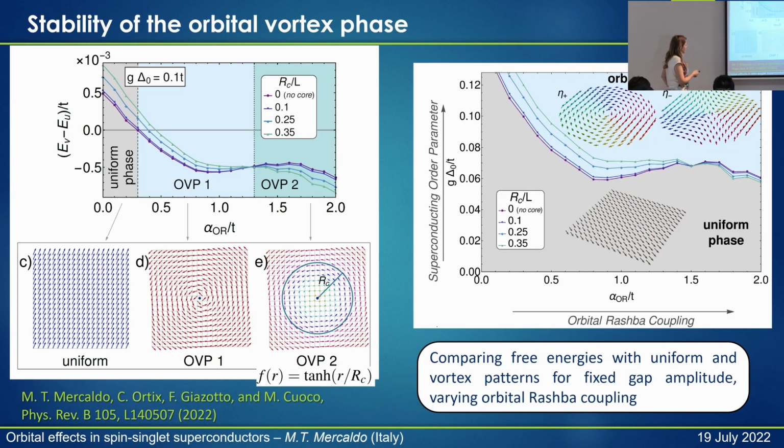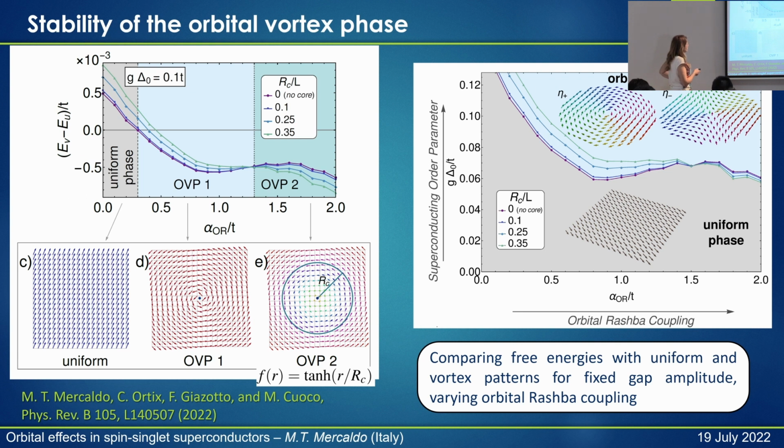Okay, so the first thing is to study the stability of this vortex phase. I mean, we consider that we can have this kind of exotic states. Is it stable? And so we are comparing the free energy of the vortex solution compared to the uniform solution, changing the orbital Rashba parameter for a fixed value.